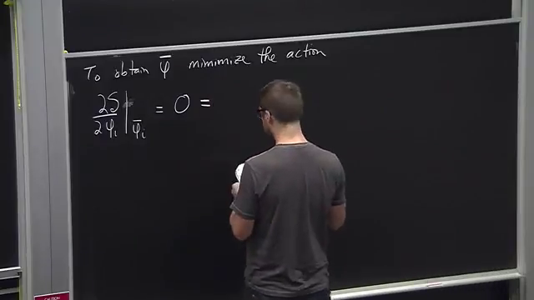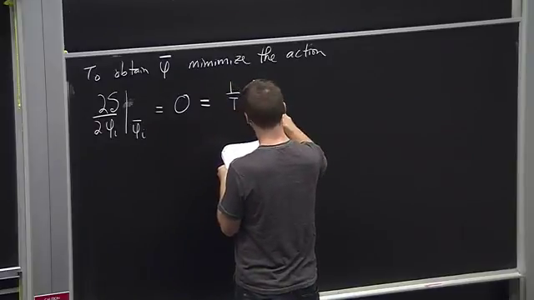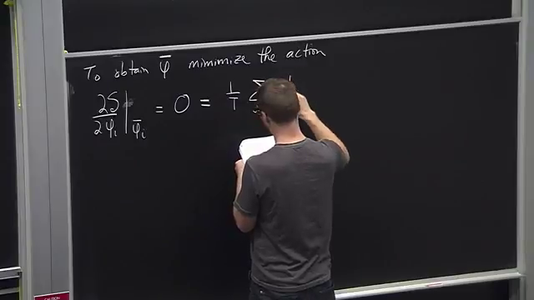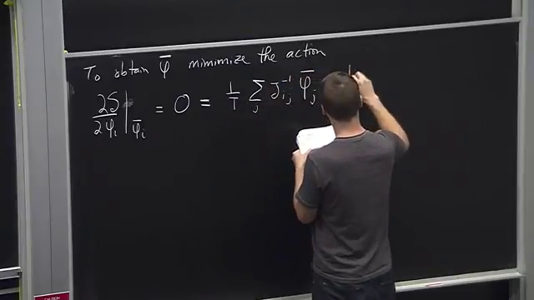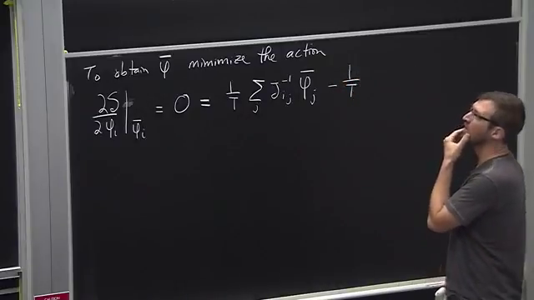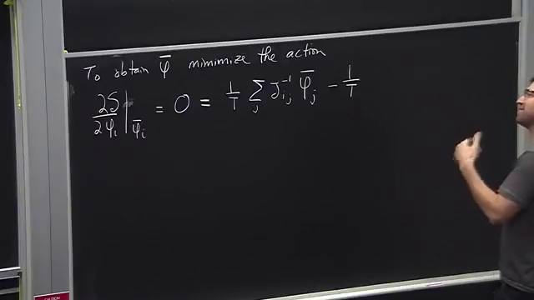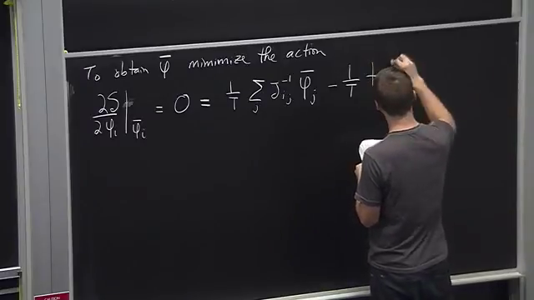I just have to look at my S up there. I should get the derivative of log 2 cosh x. Again, the derivative is a hyperbolic tangent. You've seen that before.